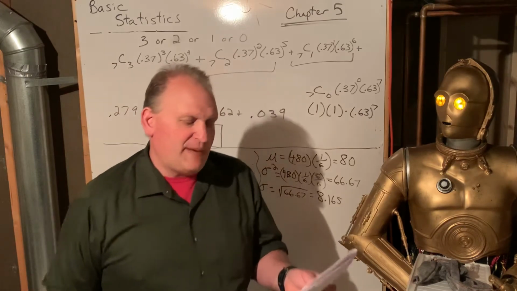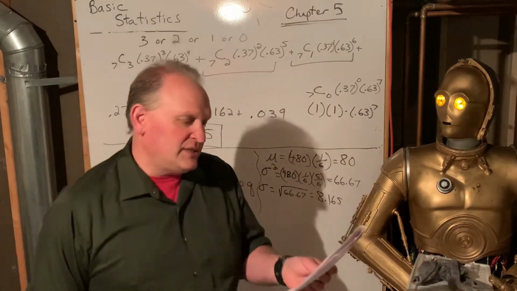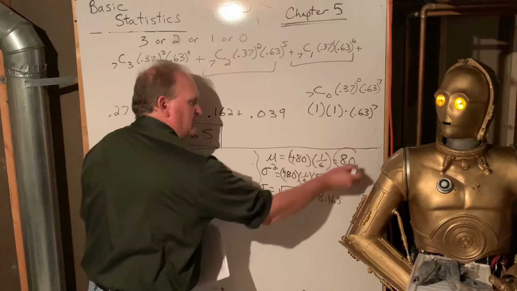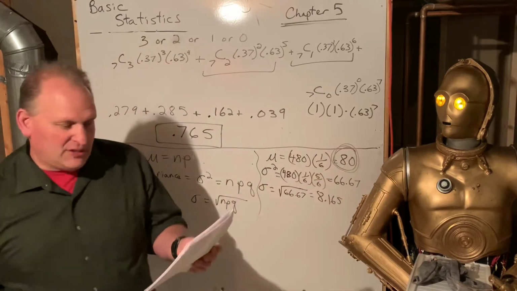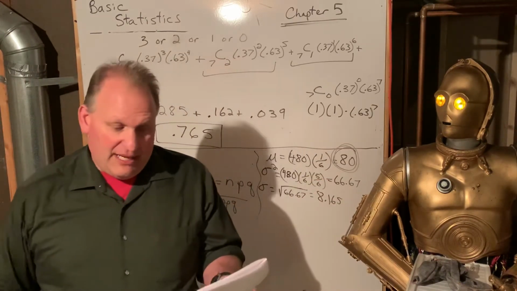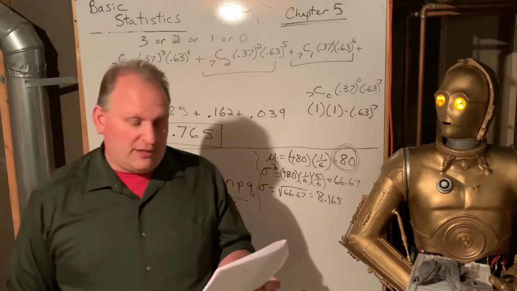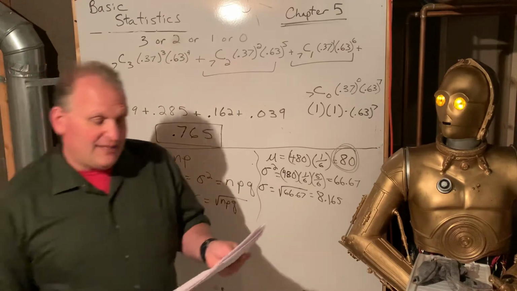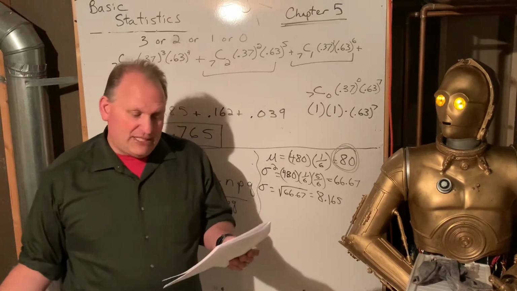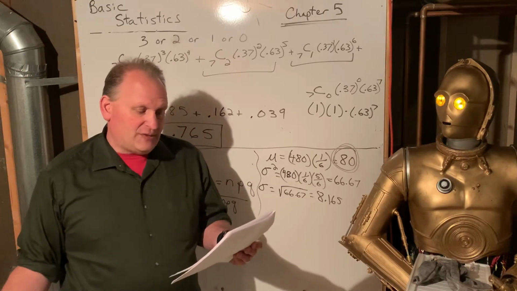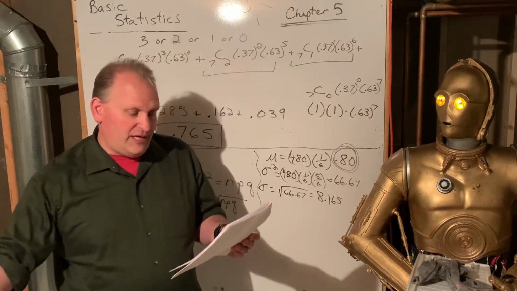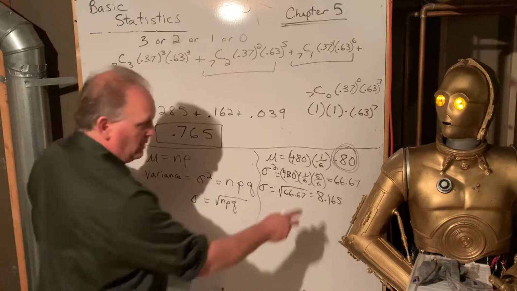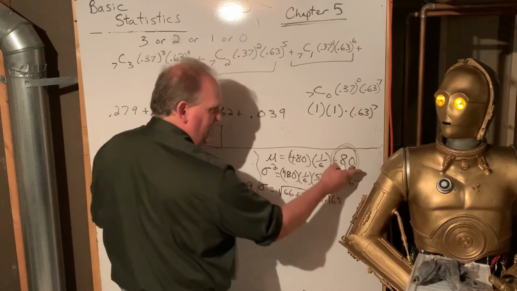So the casino expects 80 people to win. What do these numbers mean? This means the casino expects 80 people to win and 400 to lose when 480 people play on an average night. If we apply the 68, 95, 99.7% rule, that means we could add 2 standard deviations above the mean, about 16 onto that.